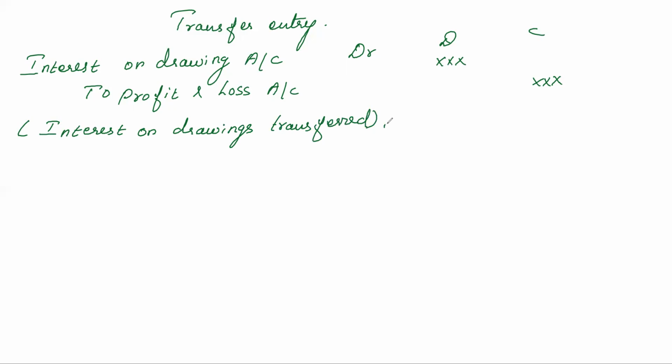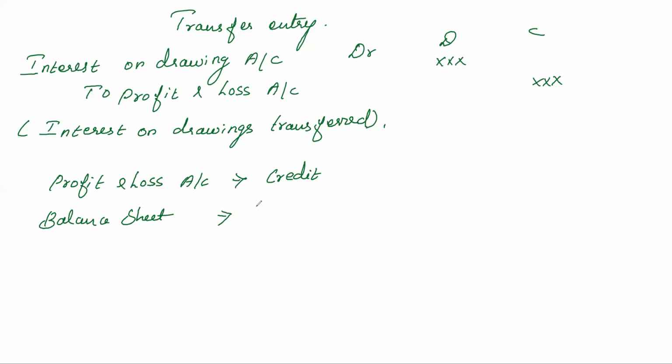Okay, that's it. So let's see how it appears in the preparation of final accounts: in the profit and loss account on the credit side, then in the balance sheet on the liability side. Okay, that's all.